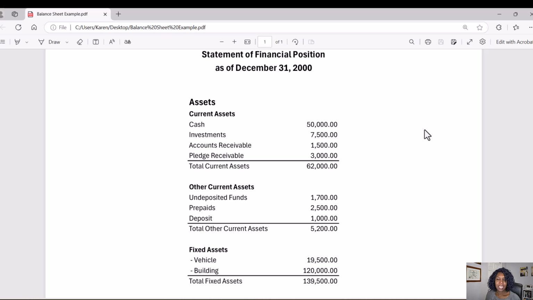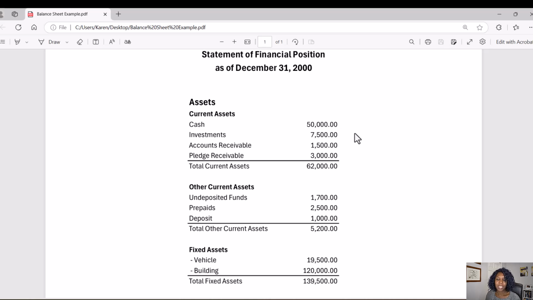Investments can be slightly less liquid. You may have to wait to get investments out depending on what type of investments. It can be a mutual fund, or it can be CDs that you have to wait several months to get out. And if you have long-term investments, it may even be a good idea to put the investments after your receivables.